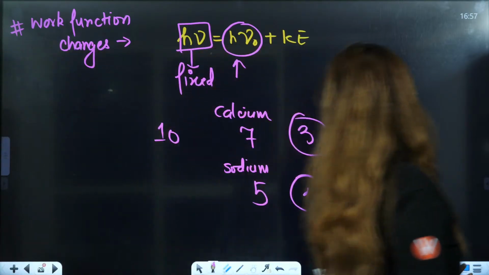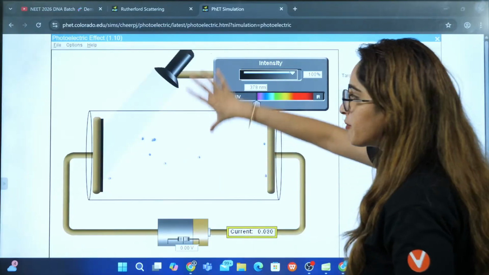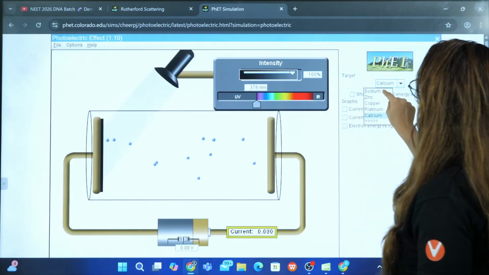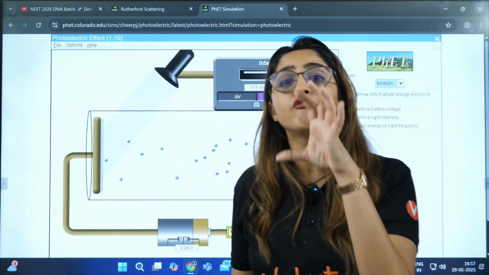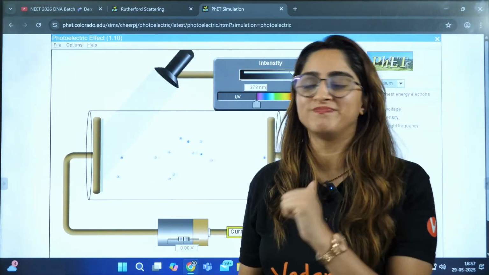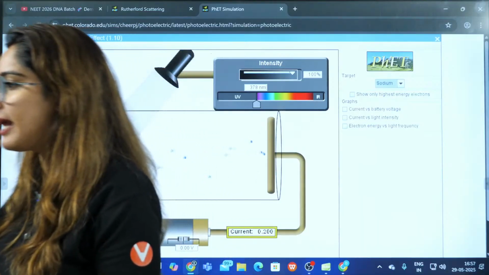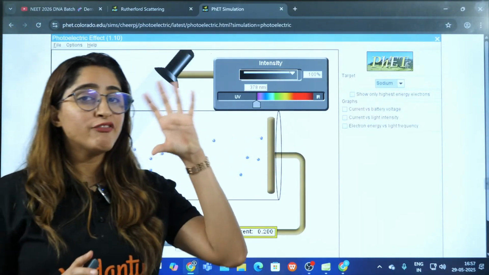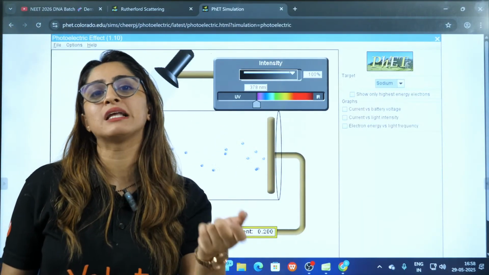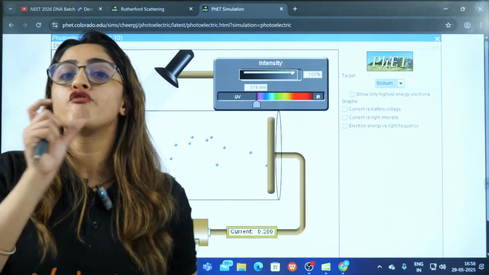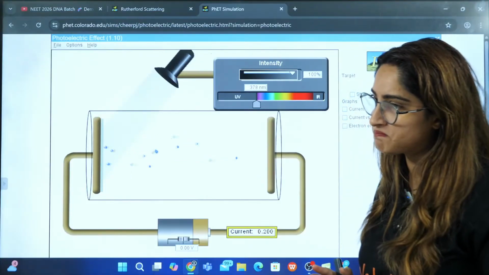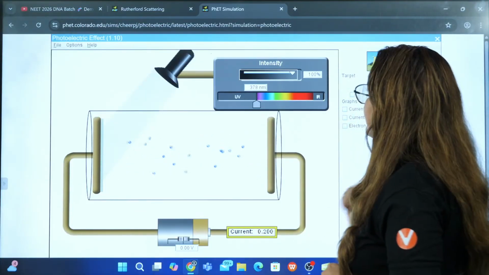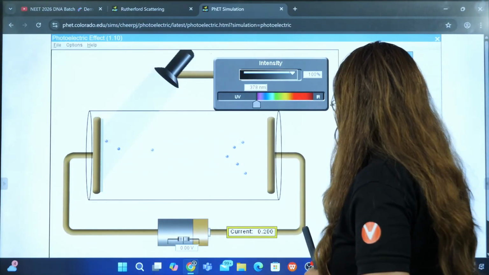You can see for yourself that for calcium it is very slow, but for sodium the speed will increase. The kinetic energy increases means the work function is low, right? Is that thing clear to everybody? How if you change the work function, the kinetic energy will change for a fixed frequency, for a fixed incident light. Okay, right?